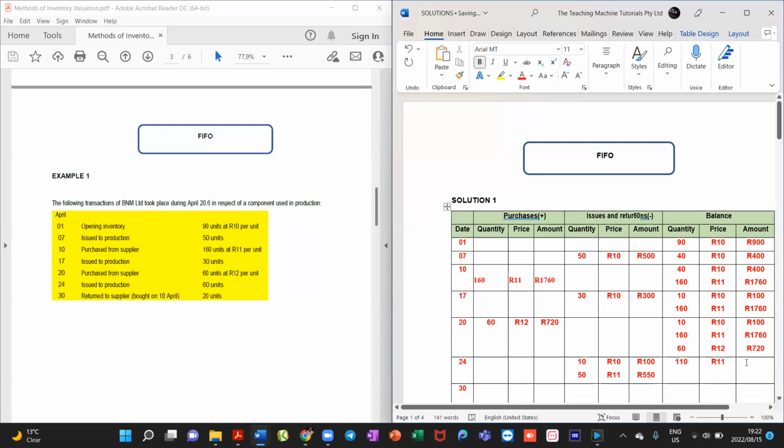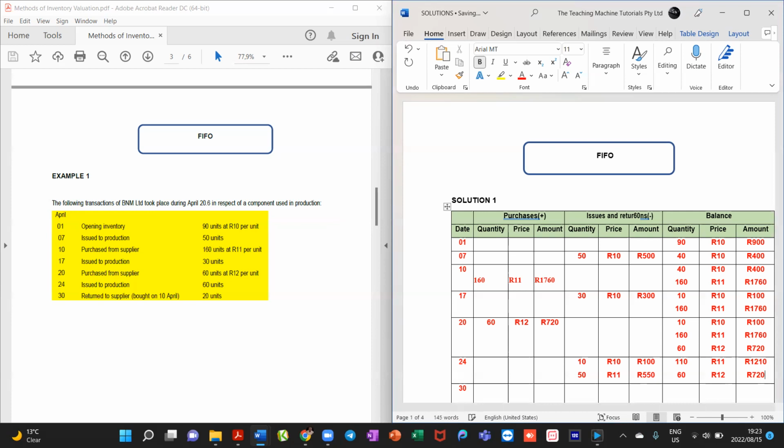How much is 110 times 11? 1,210. Okay. In the third batch, nothing was done, so the stock will remain. The stock will remain unchanged.